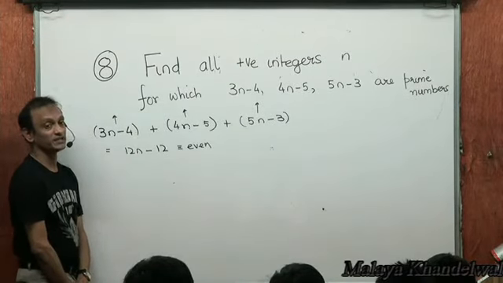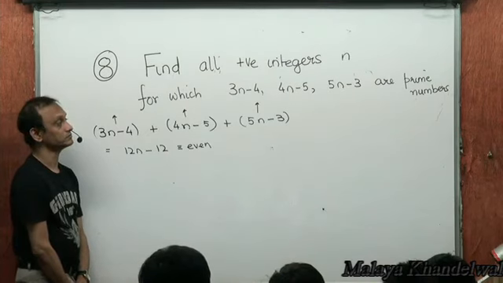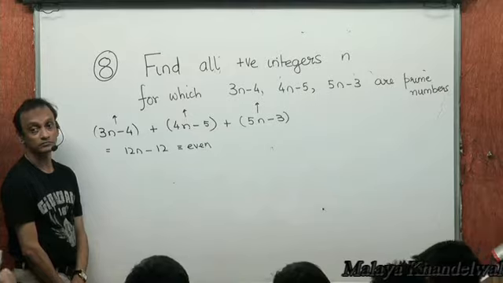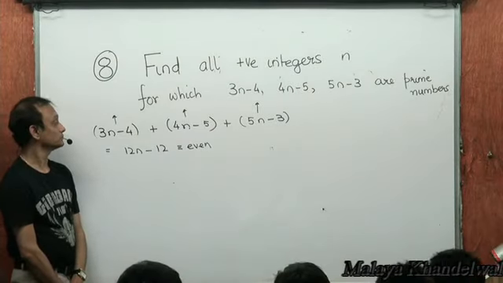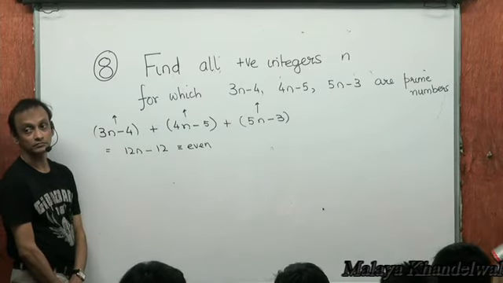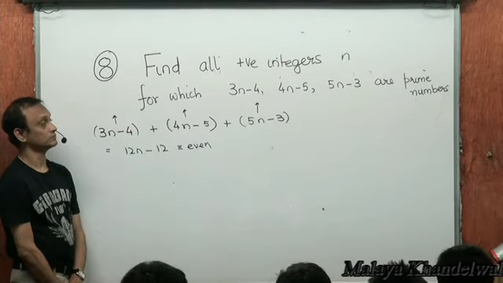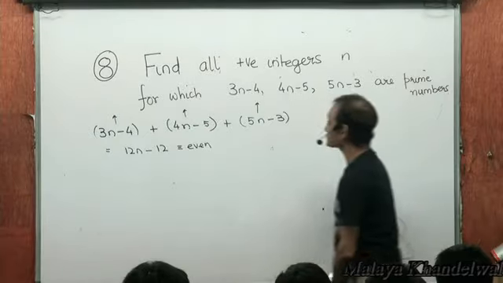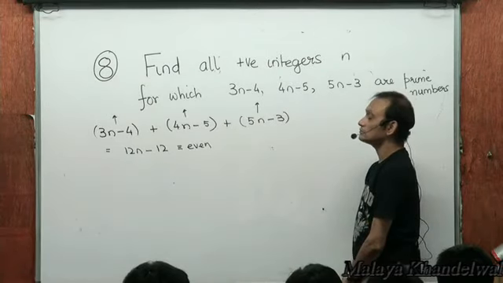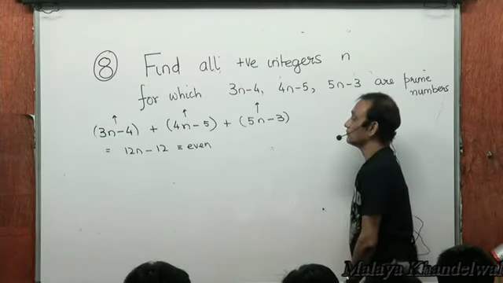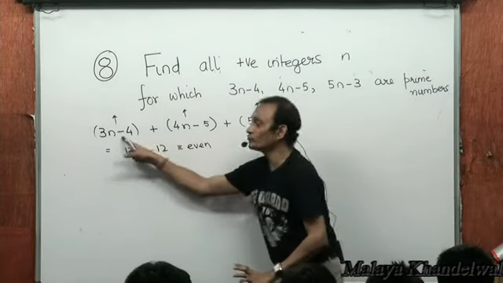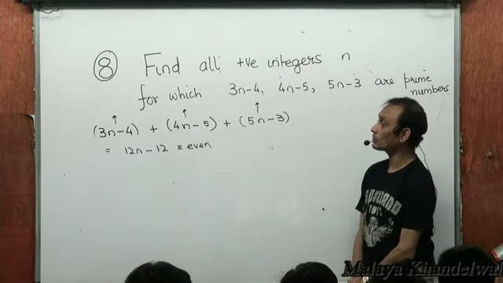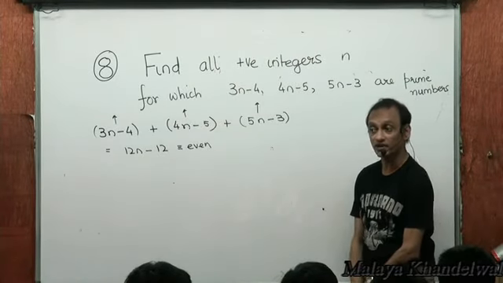Which one would be an even number? 5n minus 3 or 3n minus 4 or 4n minus 5?